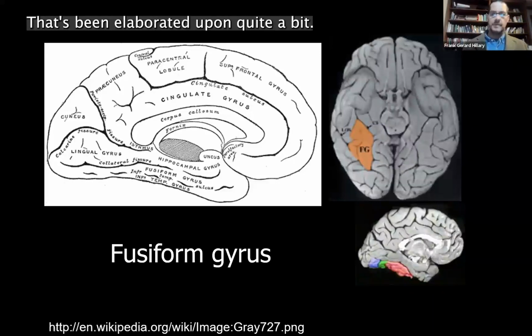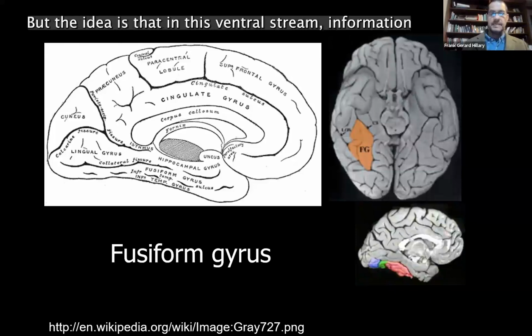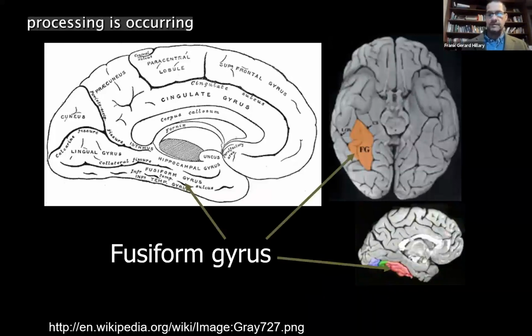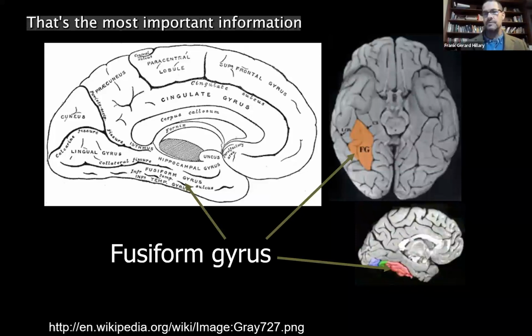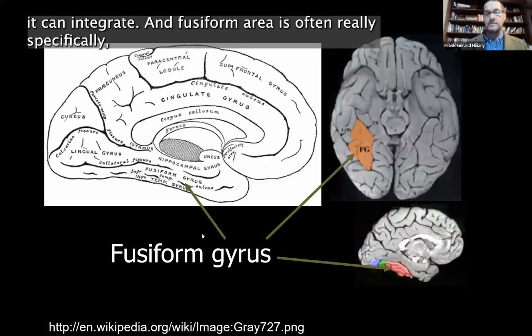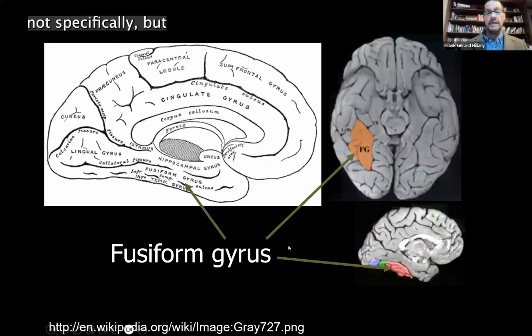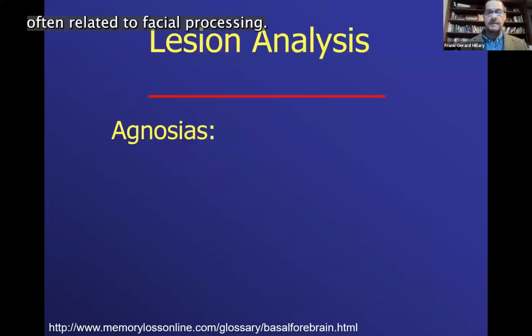That's been elaborated upon quite a bit. But the idea is that in this ventral stream, information processing is specific to what the object is. That's the most important information it can integrate. And the fusiform area is often, not specifically, but often related to facial processing.